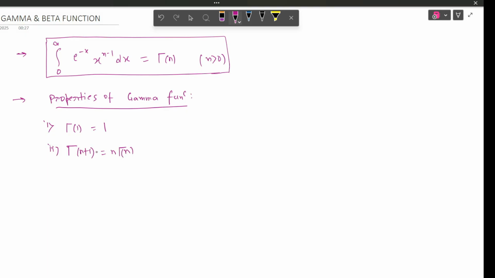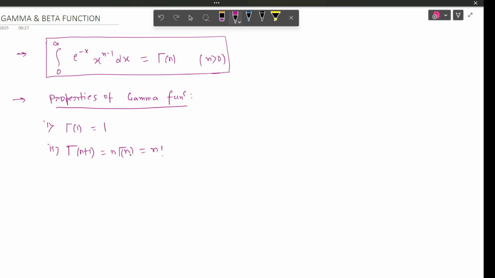And you have to remember each of the formulas to apply in questions. Another form of gamma of n plus 1 is n factorial. So you can say gamma of n plus 1 is n gamma n or n factorial.